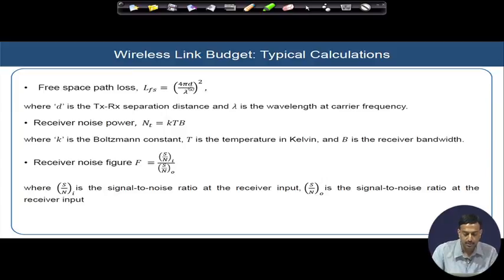It's a function of the separation distance D between the transmitter and the receiver, and it's directly proportional. So basically it means the larger the distance, the more the propagation loss. This is inherent to any signal propagation phenomena. It's also inversely proportional to the wavelength of the signal at a given carrier frequency.